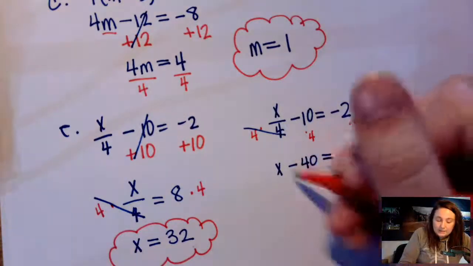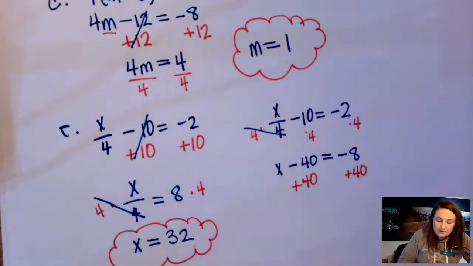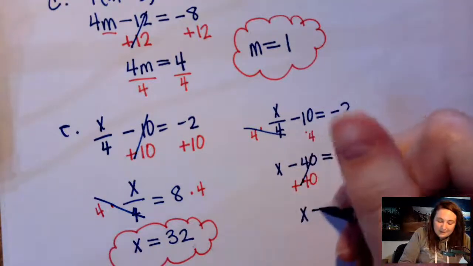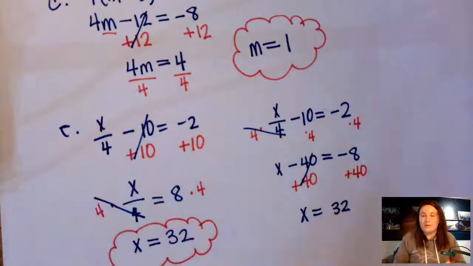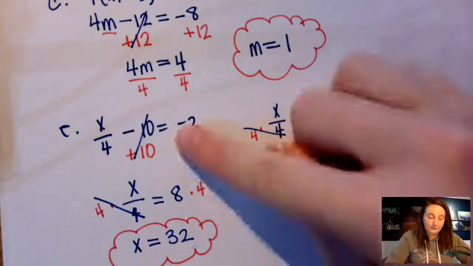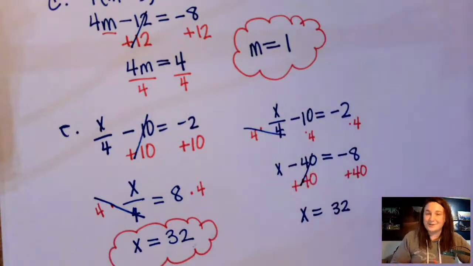And then you could get rid of this minus 40 by adding 40. And you get the same answer. Whichever one you like better is fine with me. I prefer the first so I don't forget to multiply, but that is up to you.